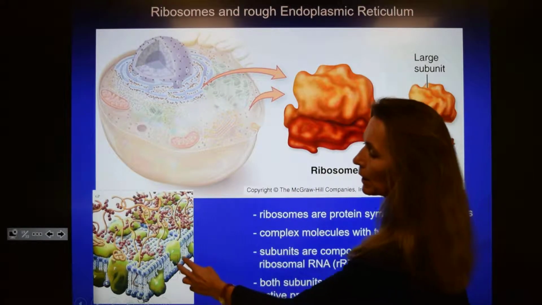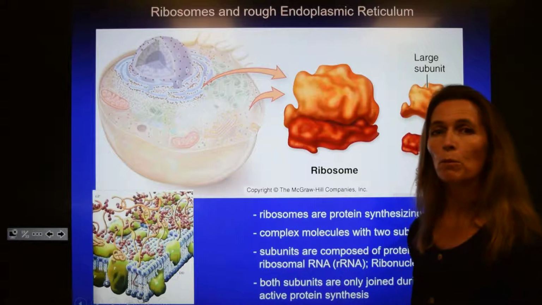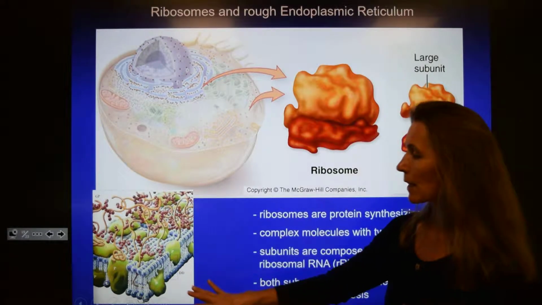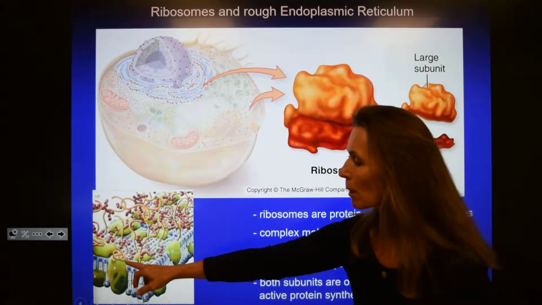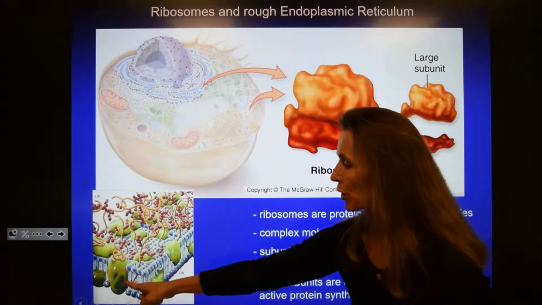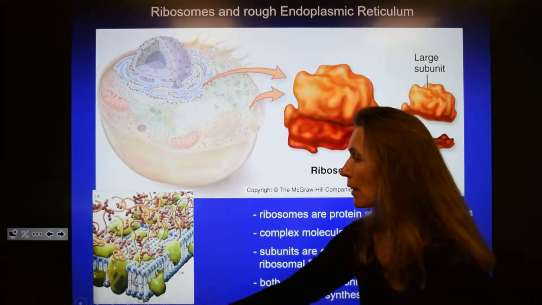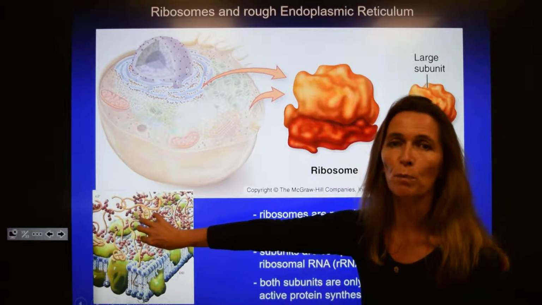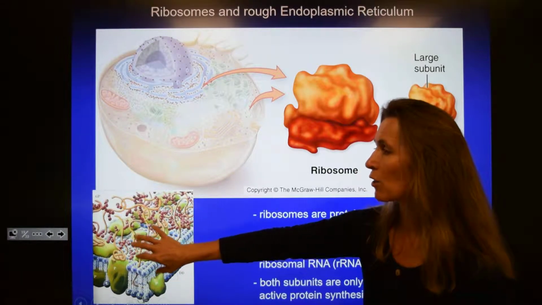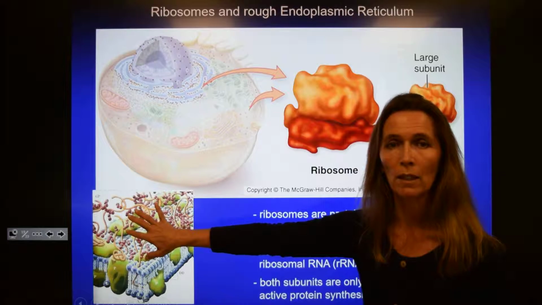So if you look at this picture here again, this is our fluid mosaic model of the cell membrane, and we said that there are some proteins that are inserted into the membrane. And then there are some proteins that are surface proteins, or there are some proteins that are not at all attached to the membrane.